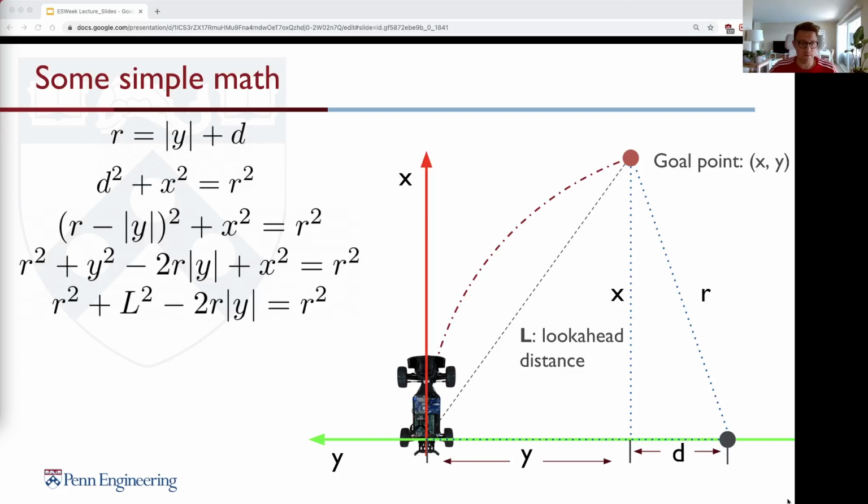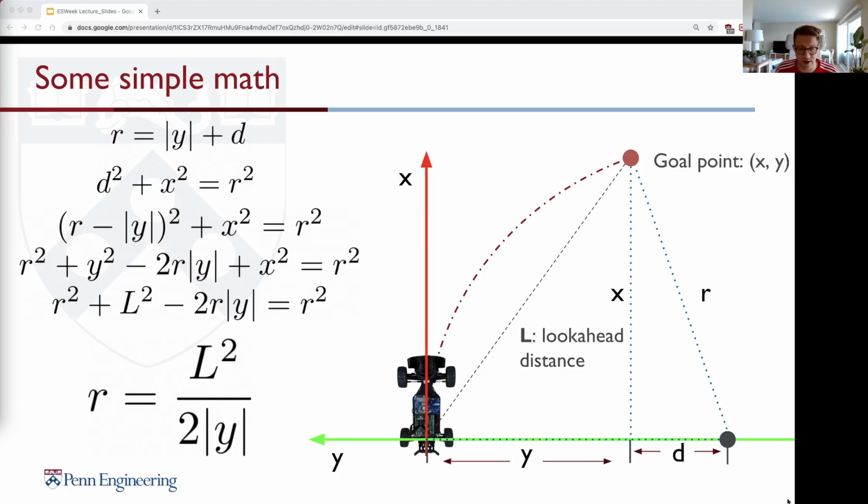You can just repeat that again, but more or less it's normal trigonometry, very easy, just a bunch of equations which you substitute into each other. But finally, that's what we need. We come up with a relationship between the look-ahead distance, the y coordinate of our goal point, and the radius of the arc.